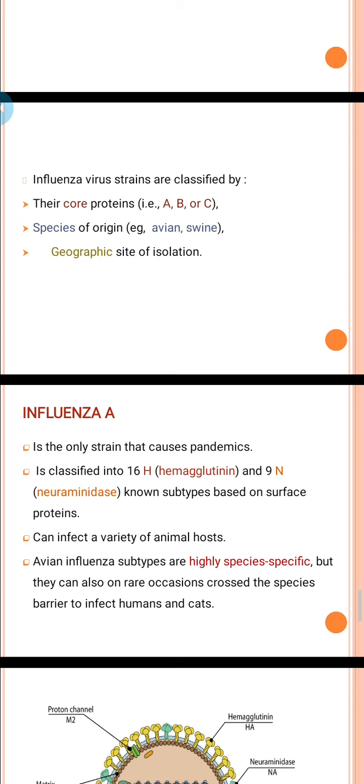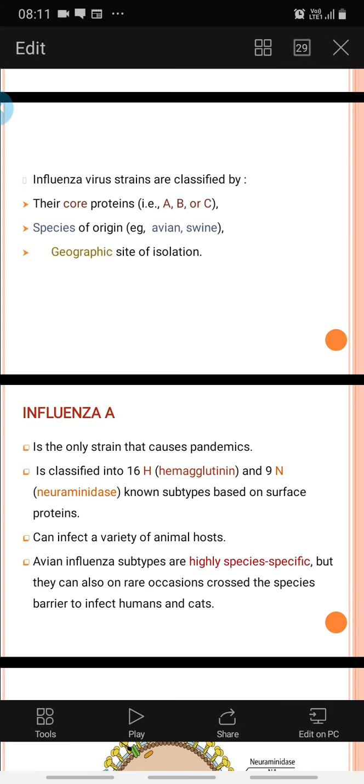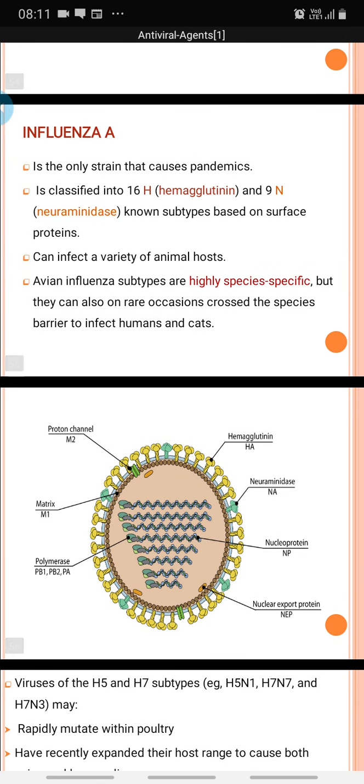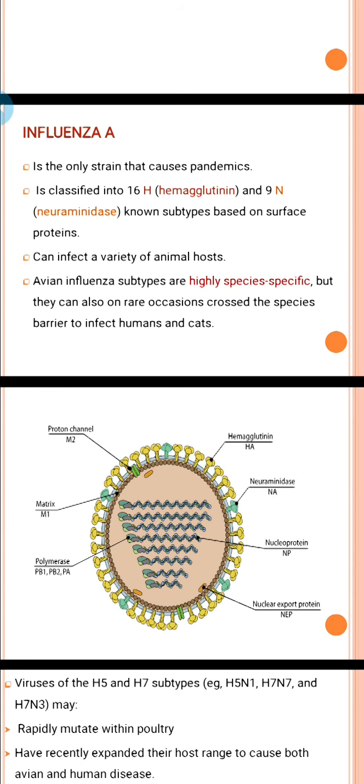They can infect a variety of animal hosts. Avian influenza subtypes are classically highly species specific, but they can also on rare occasion cross the species barrier to infect humans and cats. So this is the structure of the influenza virus. There is a proton channel M2 which helps in the entry of the virus. There is hemagglutinin, there is neuraminidase, there is nuclear export protein, polymerase enzyme, and matrix protein M1.